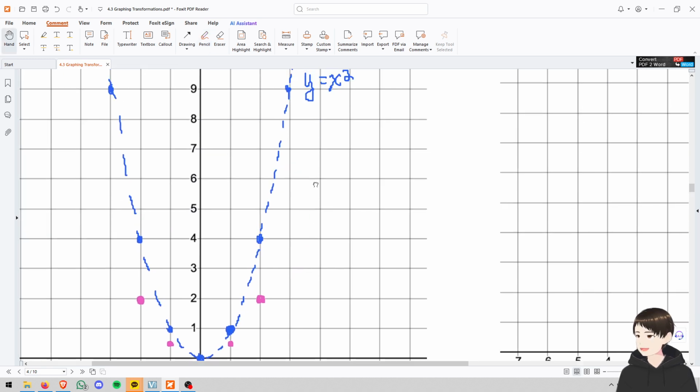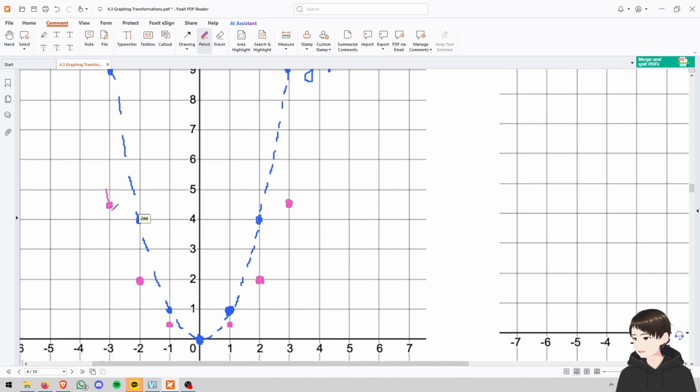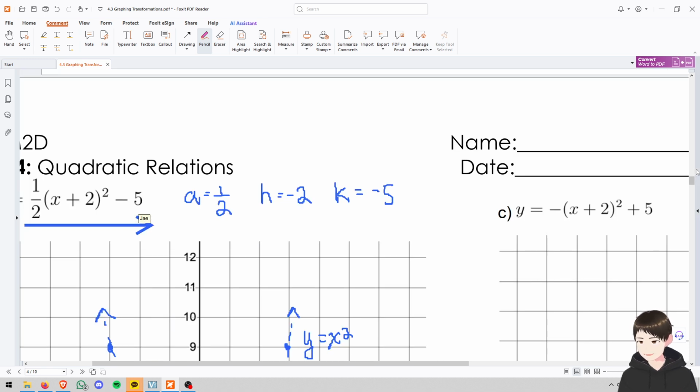And my 9, because I'm halving it, becomes 4.5. So I've got me a compressed or a flattened parabola. This is y equals half x squared.